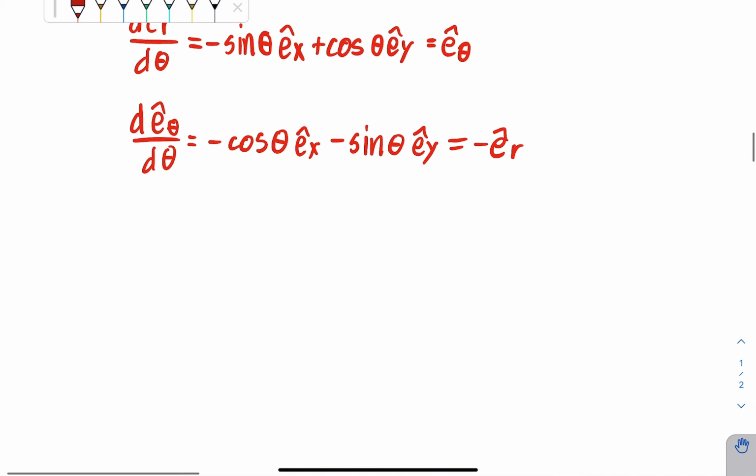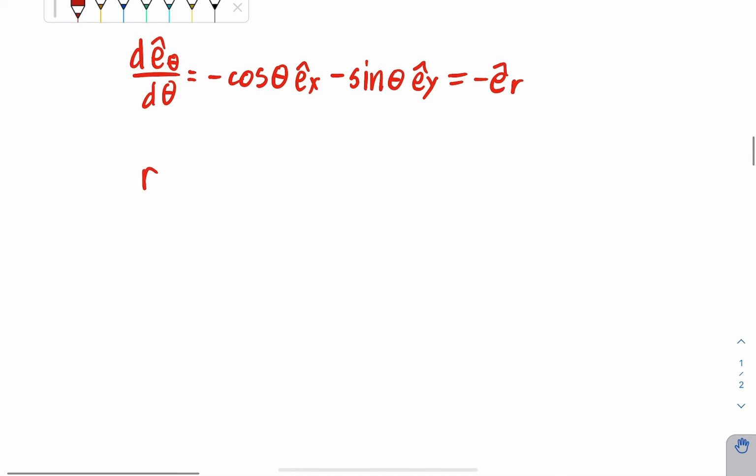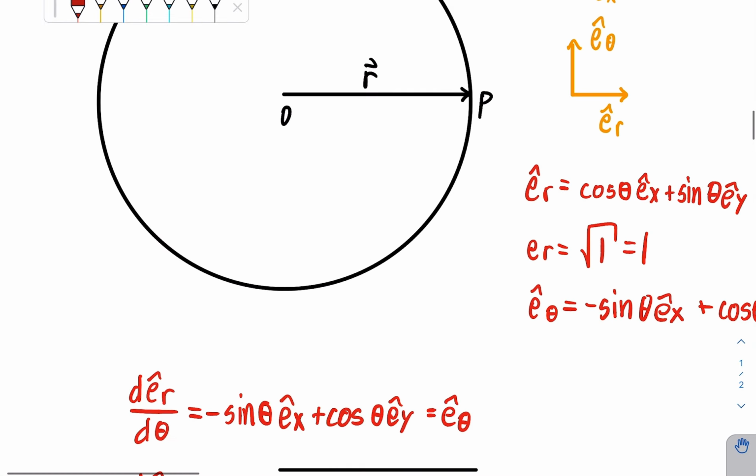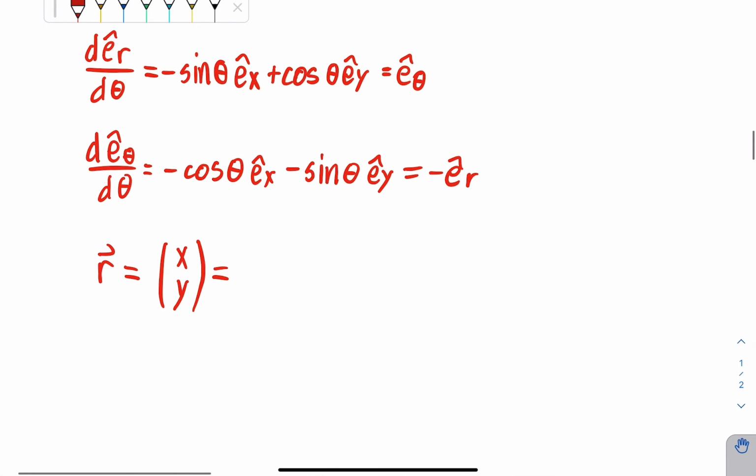The position vector, r, is going to be equal to an x component and a y component. Well, let's see what we've got. We don't really have a y component, but we have an x component, so we're going to be at a radius, r, of the circle, and 0, which is equal to r e hat sub r.